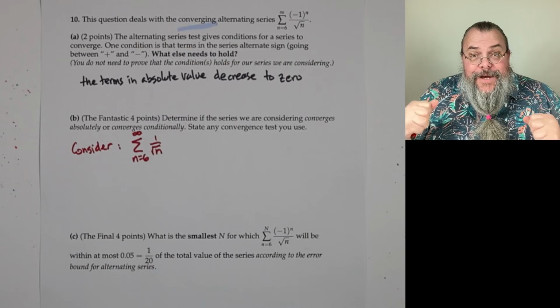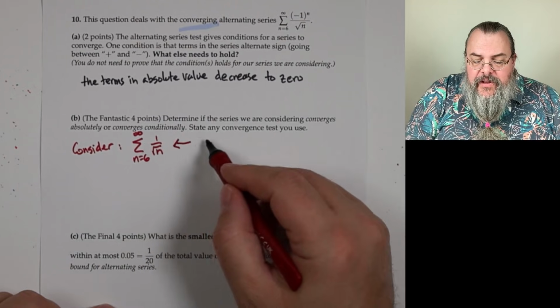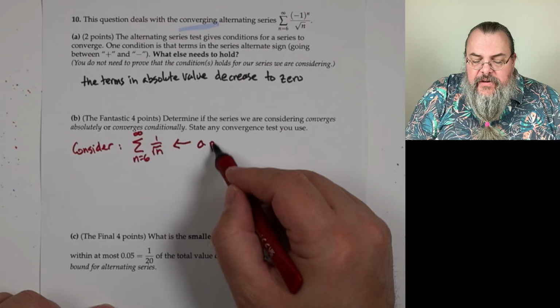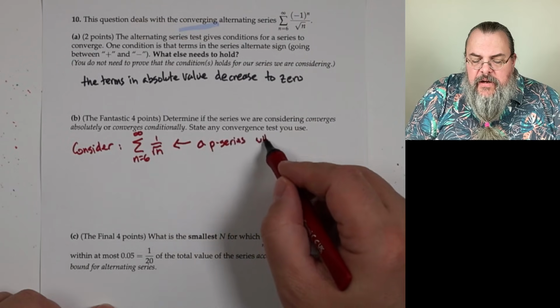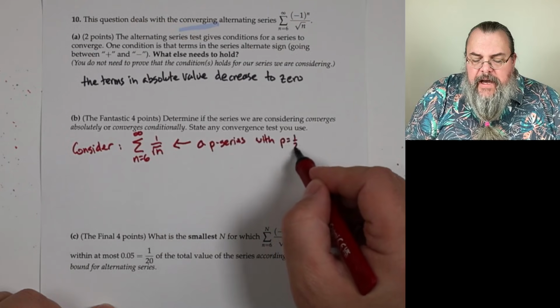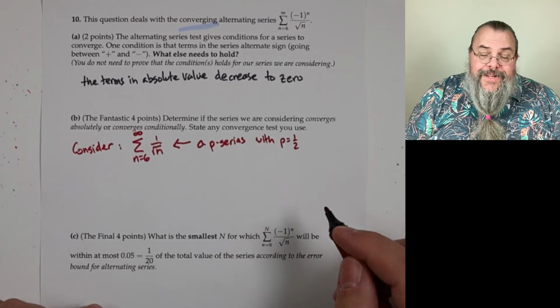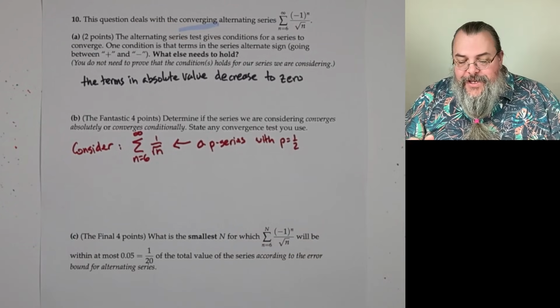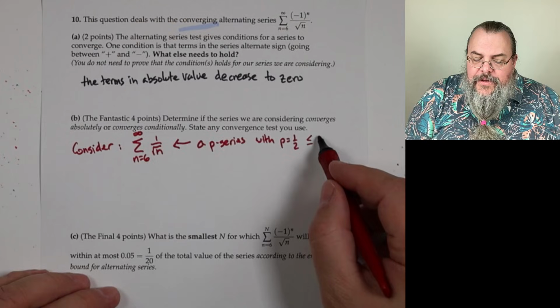Well, what do we have here? This is a p-series, and in particular, with p equals 1/2. Now, what do we know about a half? This is less than or equal to 1.